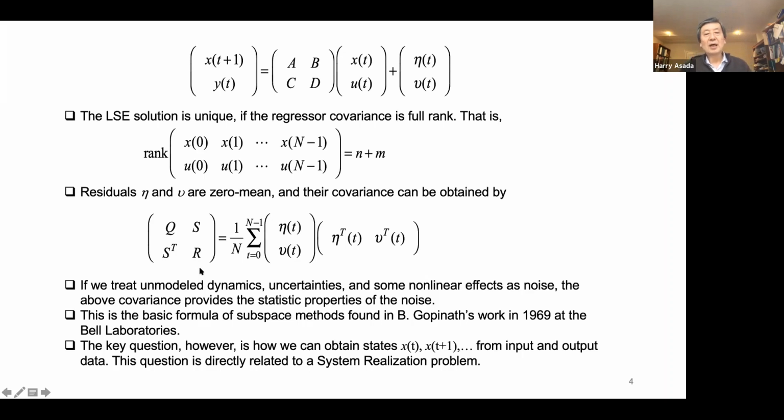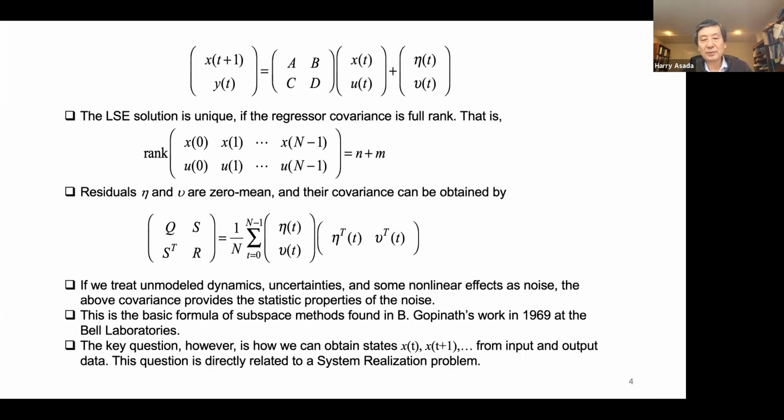Of course, there are lots of complex issues involved in treating this as a stochastic system, because these are not necessarily stochastic, and may be coming out of unmodeled dynamics, some nonlinear effects, or some uncertainties and so forth.